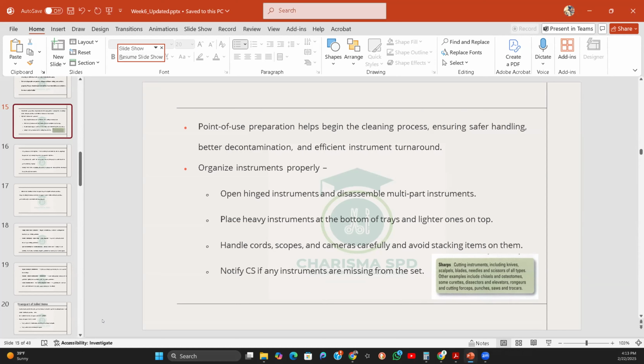So let's say an instrument has a hinge, meaning that it can be opened. There's a screw joining one part to another. You can easily open it and close it. Now, if you don't open it, and there are tissues in there, it will damage the instrument. How easy will it be to open if it is left for a very long time?